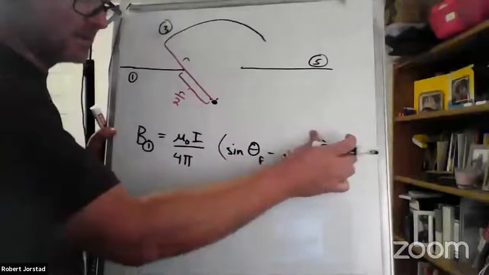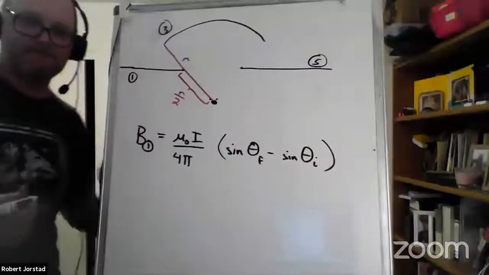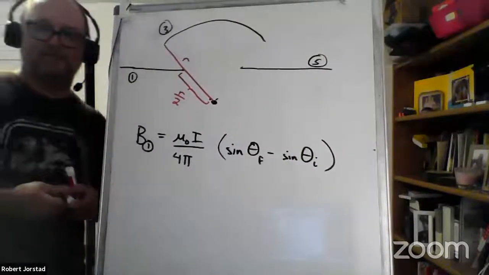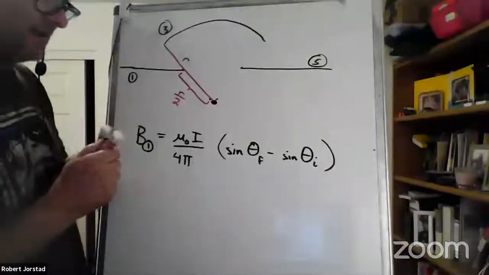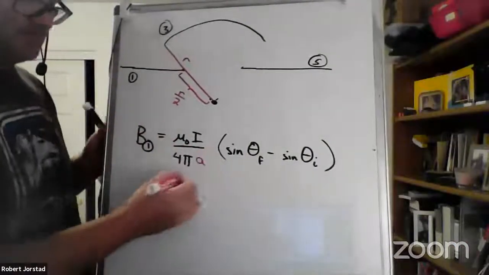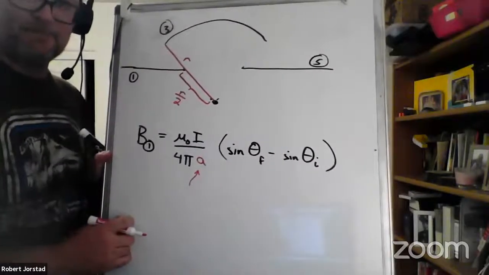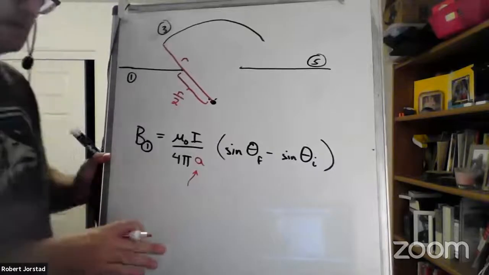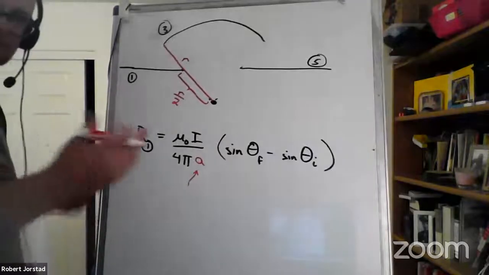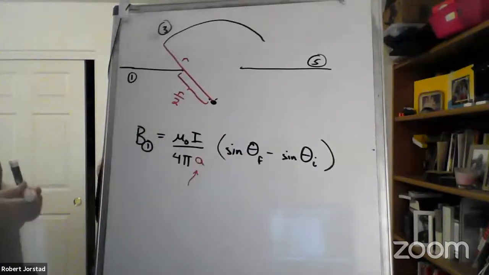But I forgot something in here. What did I forget? A. So what is A? What does it mean physically? What's the long sentence definition of it? The distance from the point of interest to the perpendicular bisector.